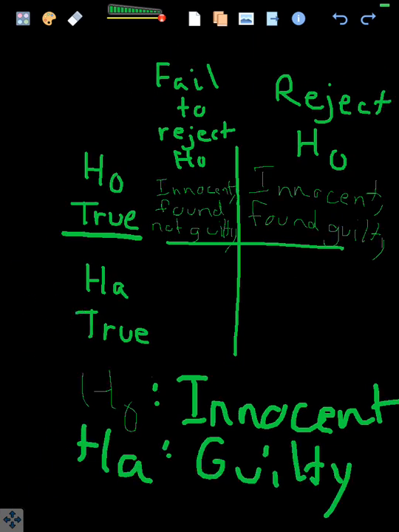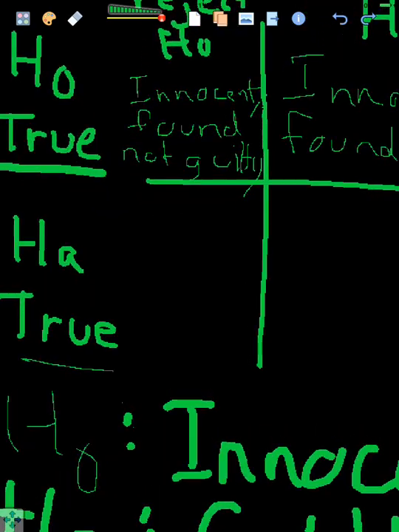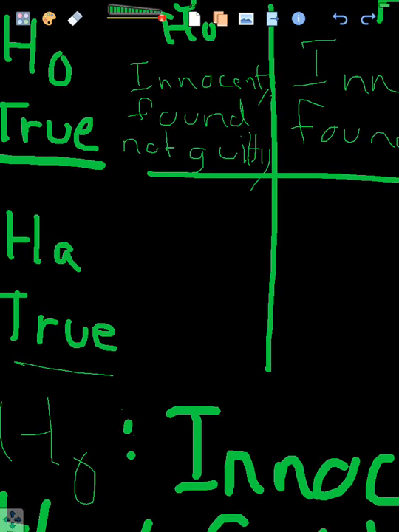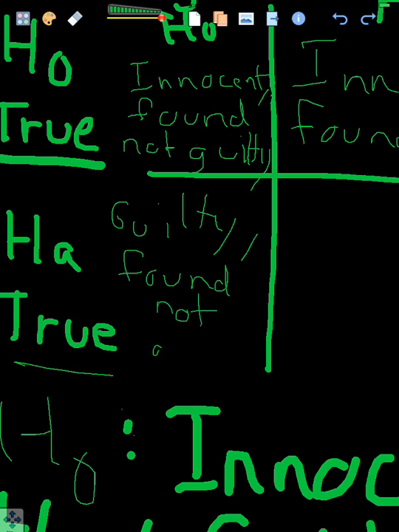Now, let's say I did shoplift those Oreos, so the HA is now true. In this column, we're found not guilty. So even though I'm guilty, this is the best case scenario for me. I'm guilty, but the jury finds me not guilty.